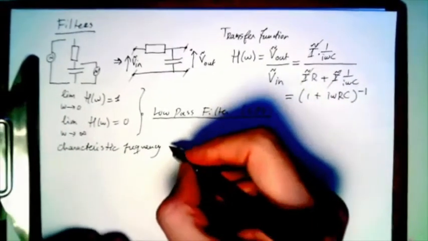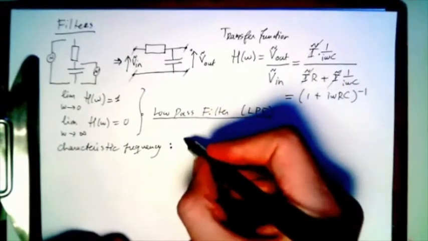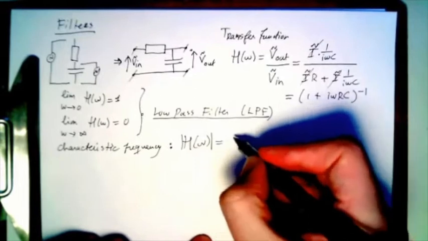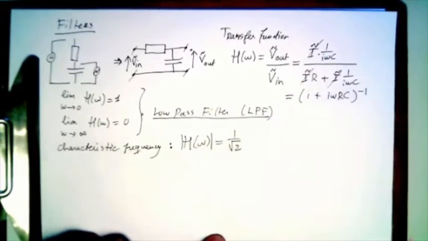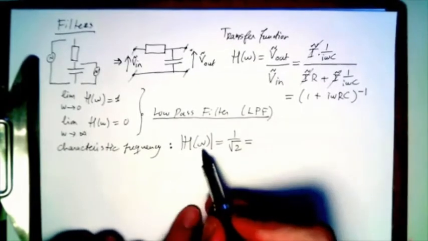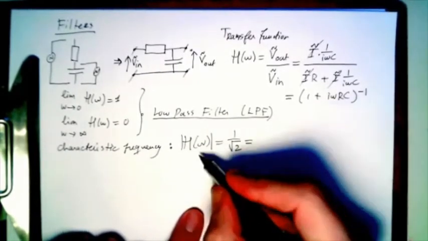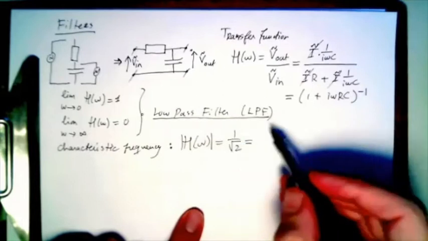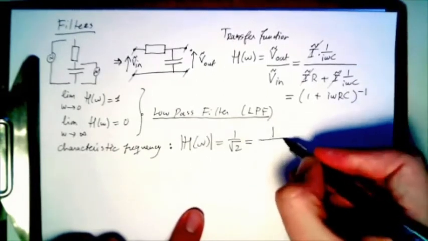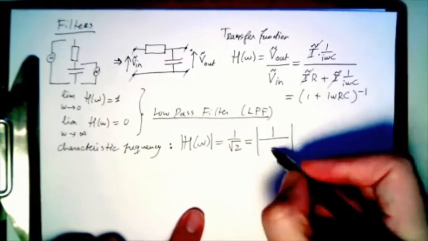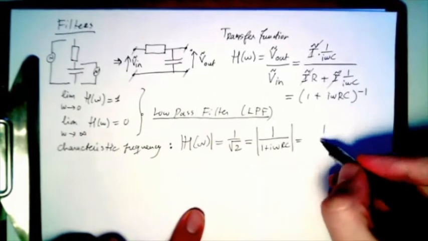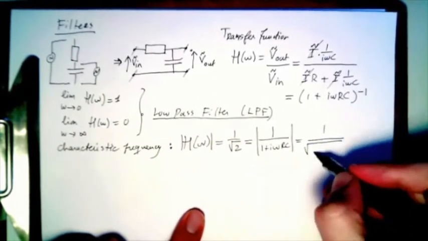So it's usually found by solving this equation: the absolute value of the transfer function equals 1 over root 2.